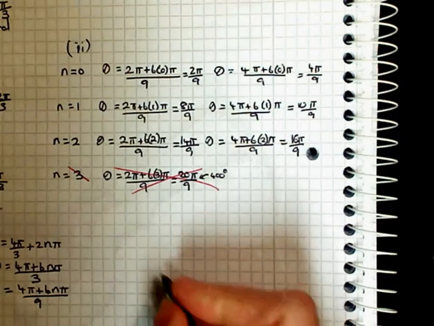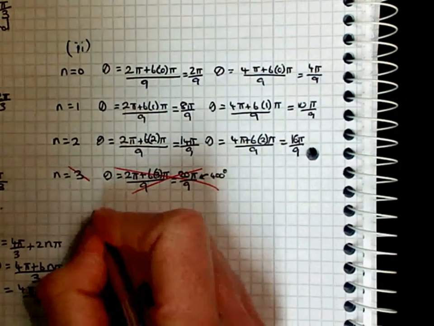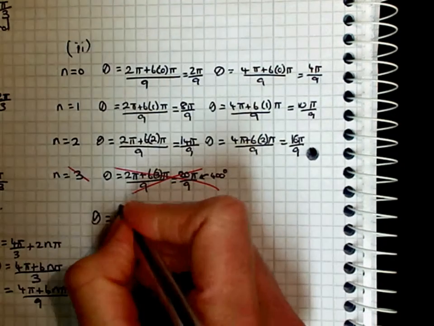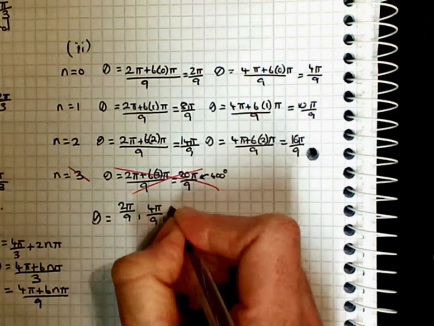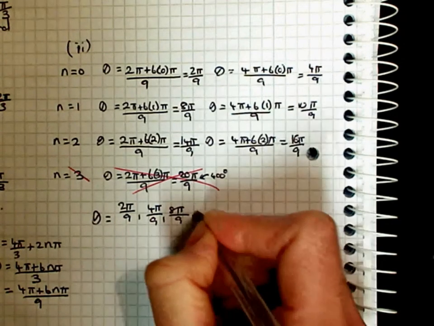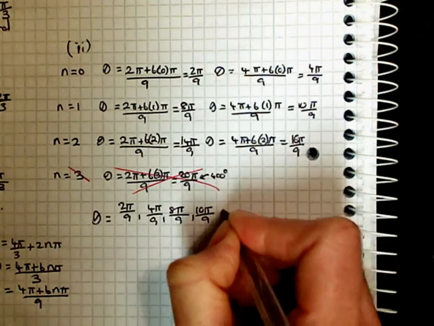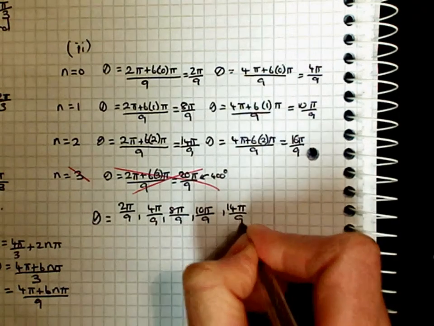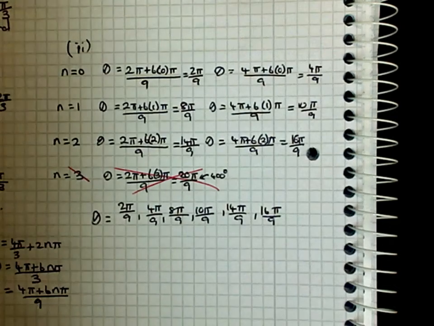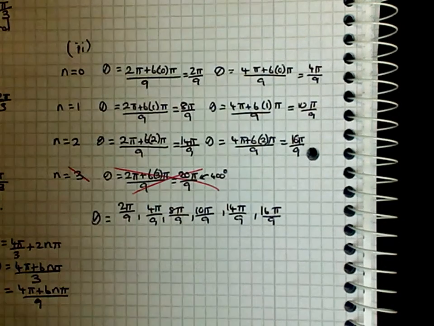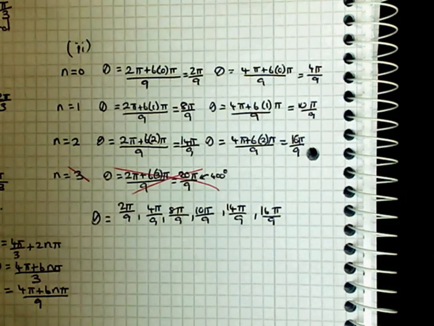Our answers are theta is equal to 2 pi over 9, 4 pi over 9, 8 pi over 9, 10 pi over 9, 14 pi over 9, and 16 pi over 9. So that is 2 cos 3 theta equal to -1 solved to find the values of the angle between 0 degrees and 2 pi.